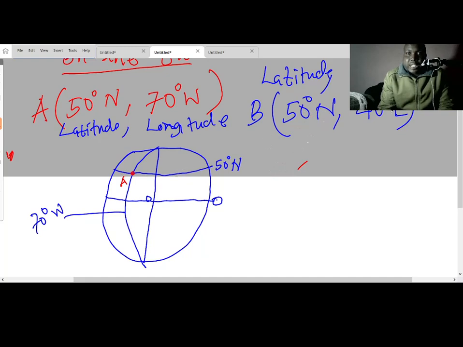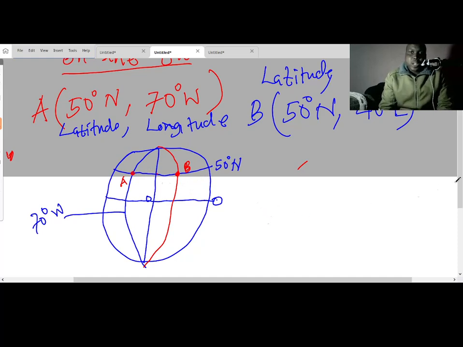And then 40 degrees east. From the 0 of the Greenwich meridian, this side is east. So 40 east could be somewhere here. So here is where we have our B. So A is here, B is here, and we have put them on the graph.